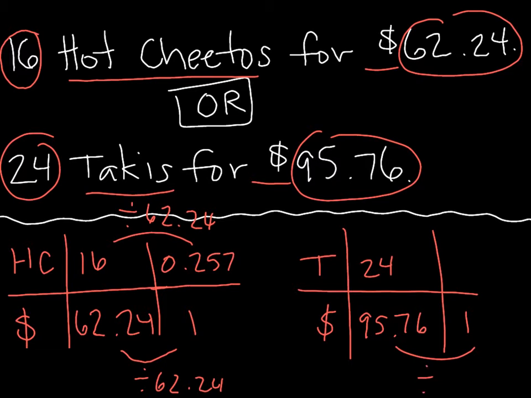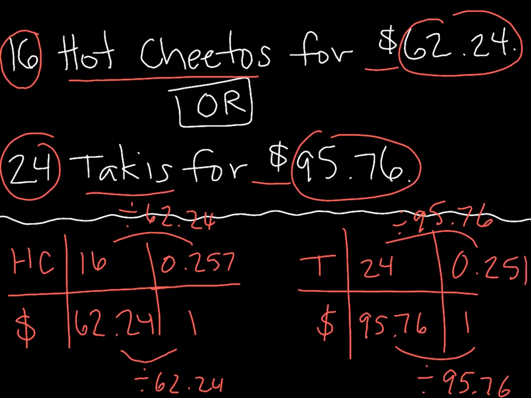So I'm going to divide by 95.76. And I get 0.25, and it's actually 0.6, so I'm going to say 0.251.